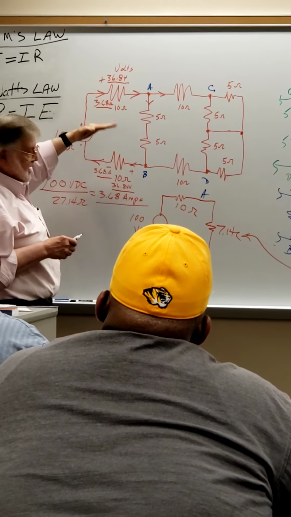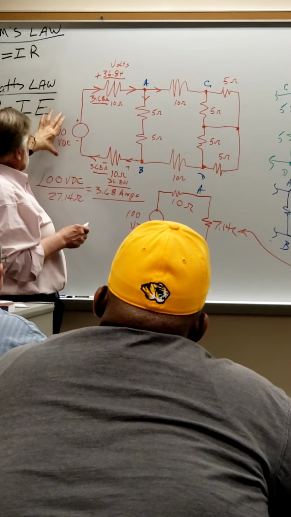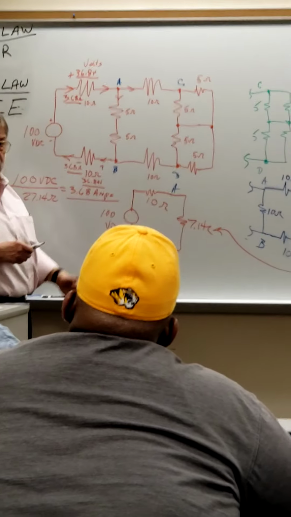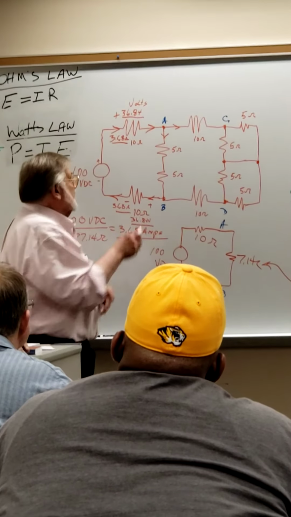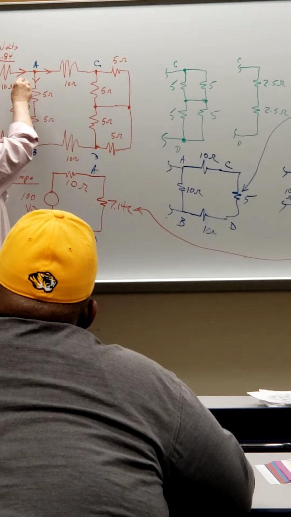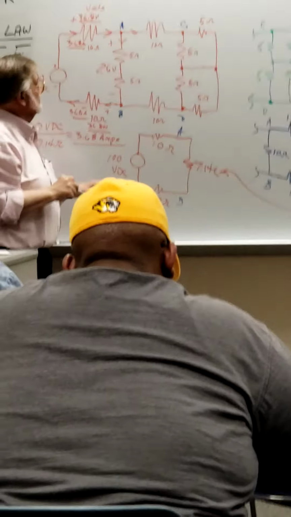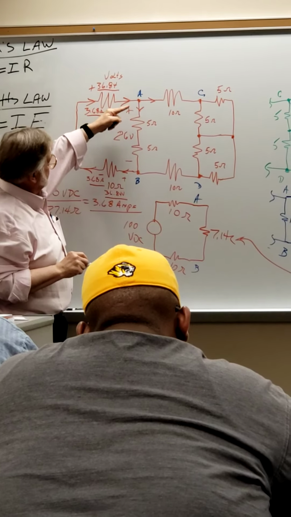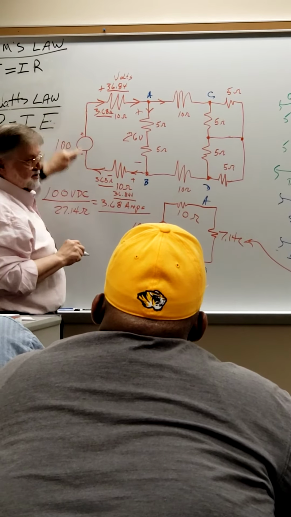Add those two together, I get 74 volts. I take 100 minus 74 and I get what? 26. That's my voltage here. 26 volts from here to there, because 36 plus 26 plus 36 is 100.